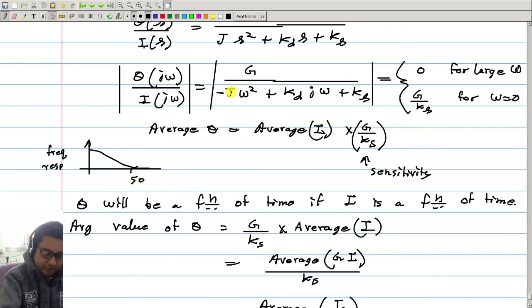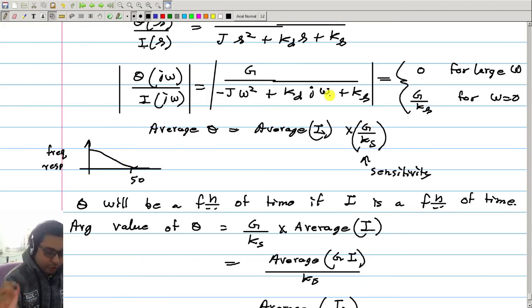You cannot make these numbers arbitrary. They are designed so that for normal frequency, 50 hertz or nearby, the oscillation will be almost 0. It is very important to design it in that way.